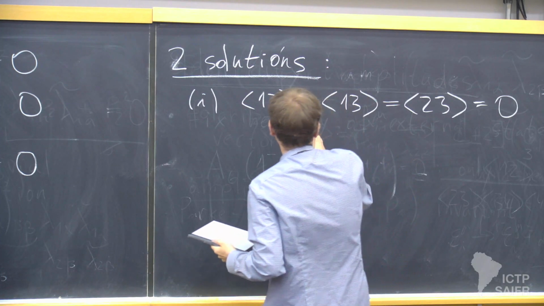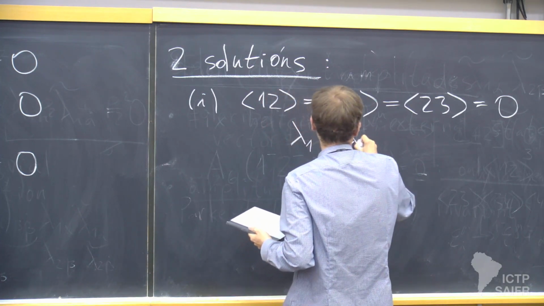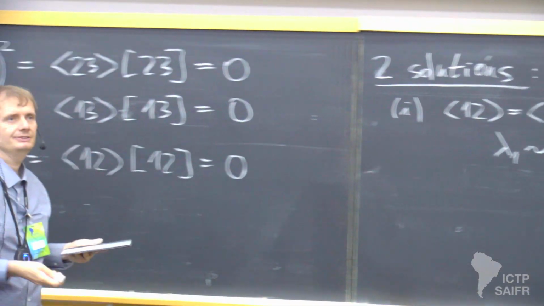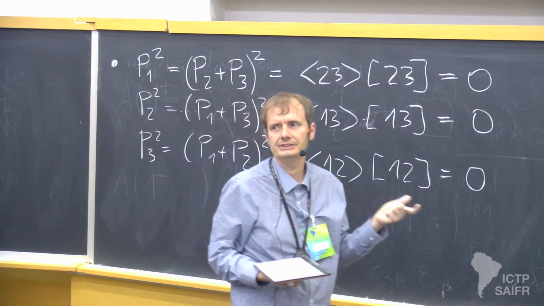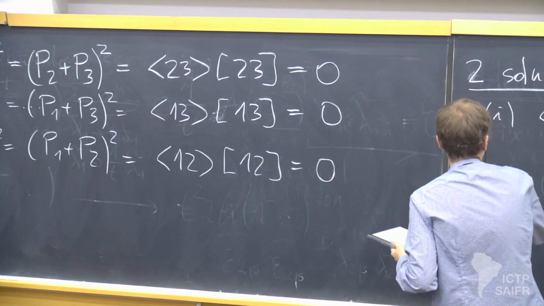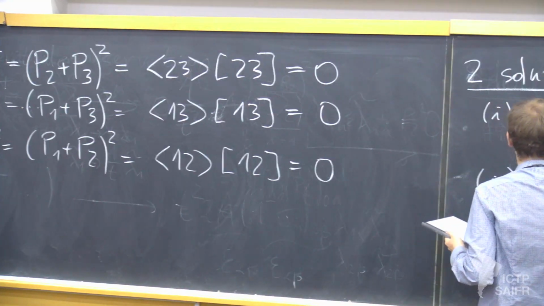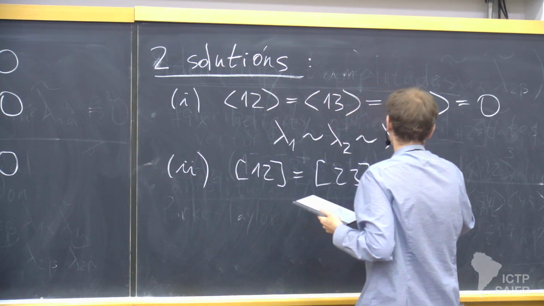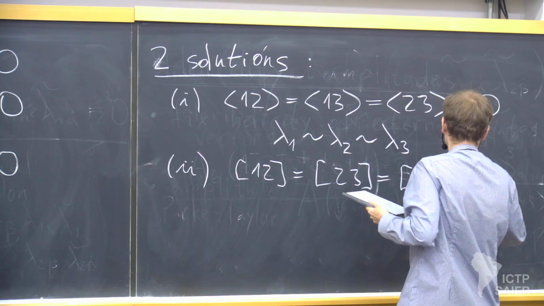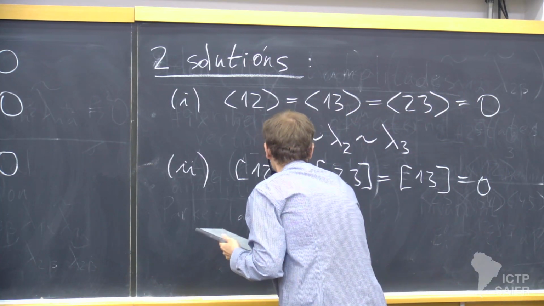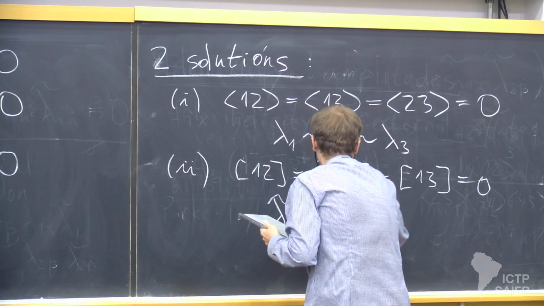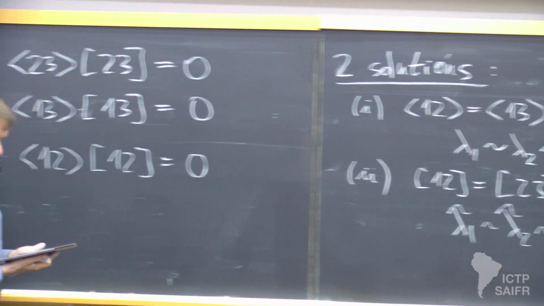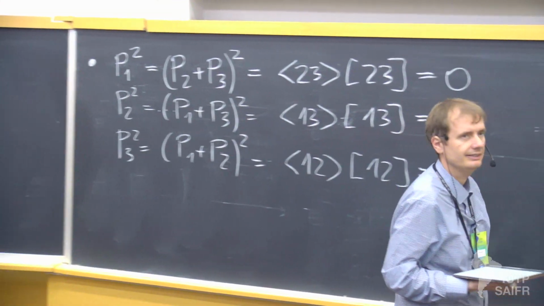So this means that lambda 1, lambda 2 and lambda 3 are all proportional. Does it make sense? You can think about them as 2 component vectors for this purpose. And the second solution is that the other type of brackets are 0. So these lambda tildes are all proportional. Okay, does it make sense?